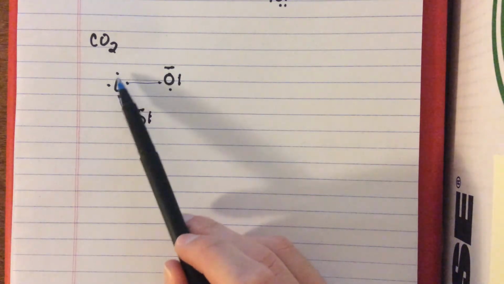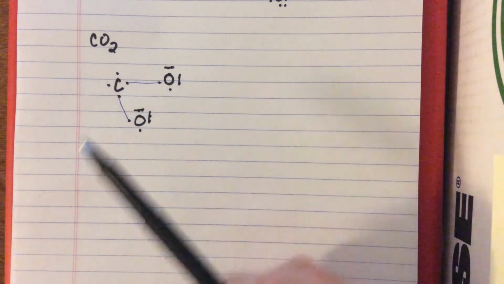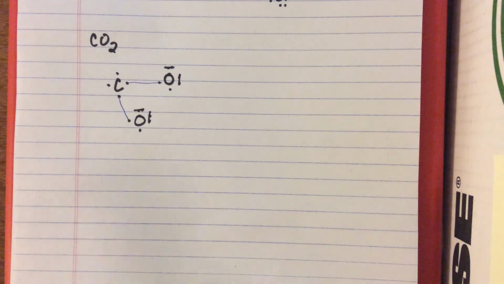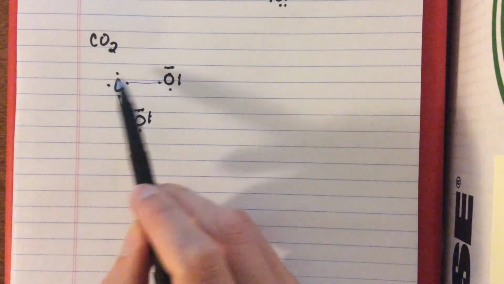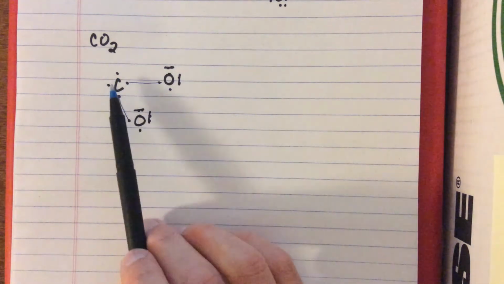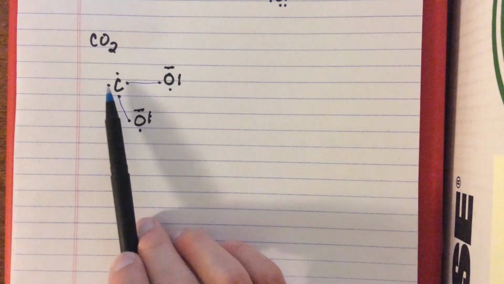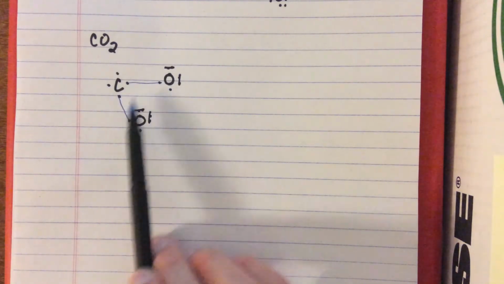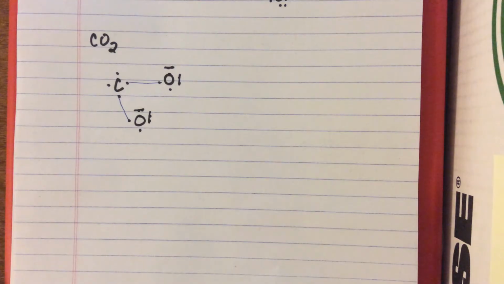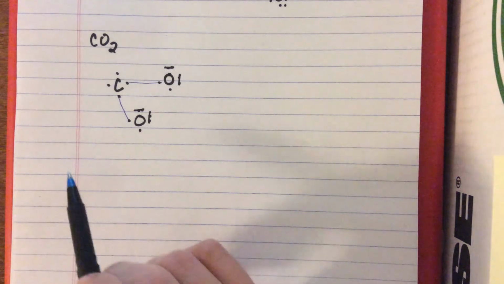One option is to pair up the valence electrons that carbon has, but that would leave it short of 8 valence electrons, right? If we count it as it is now, we have 1, 2, 3, 4, 5, 6 valence electrons that carbon can claim. It's still short of 8, as are the oxygens.